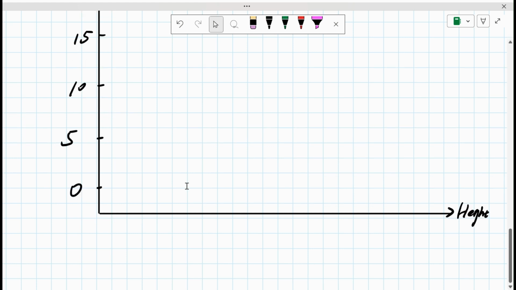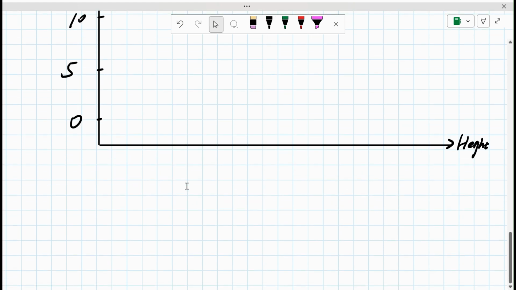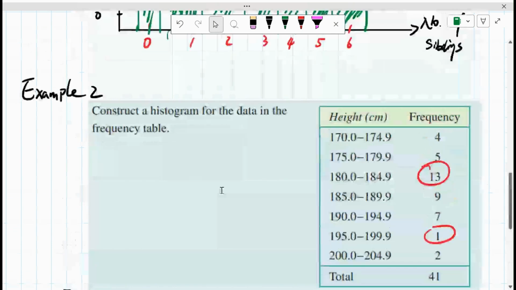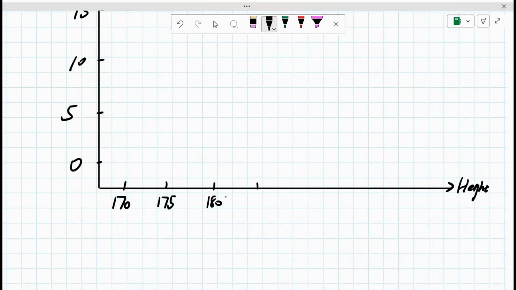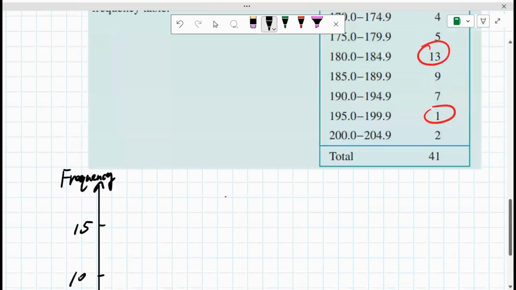Then the groups in between: I will start with 170, 175, because that's 170 to 174.9. Then 180, 185. Remember, no gap in between. 190, 195, 200, and 205. That should be enough because no one is going to be bigger than 205.